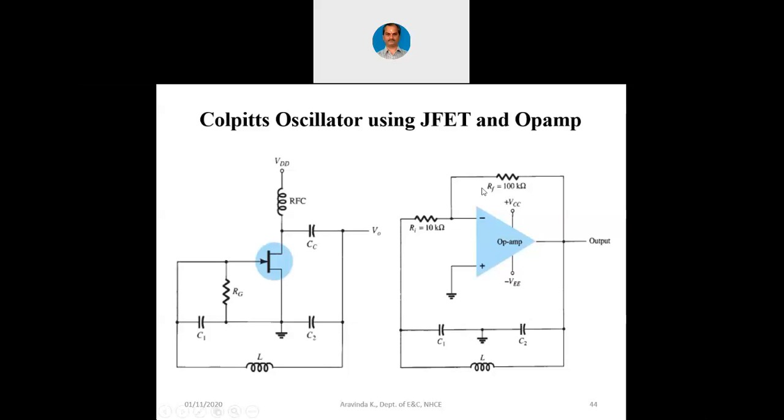Now why we should set this gain as RF by RI? The reason is op-amp will have an ideally infinite gain, or practically op-amp will have a gain of 1000 or 2000 or more sometimes. So naturally we should not have that much of gain. I am talking about the open loop gain of the op-amp. If it is 1000, now the beta has to be 1 over 1000.